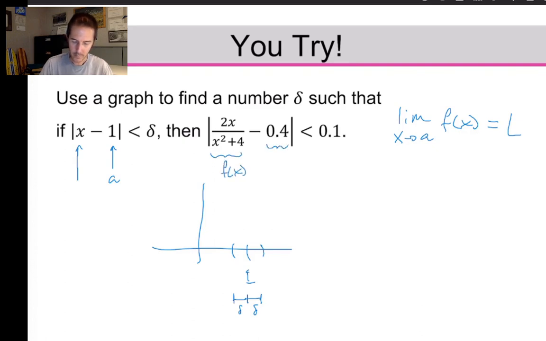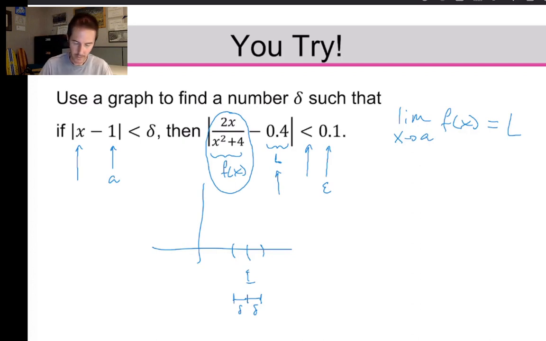And this is capital L. We want to make sure that our y values are within an epsilon value of 0.1 away from our capital L value, our limit value, which in this case is 0.4.